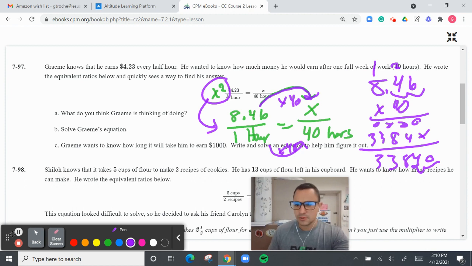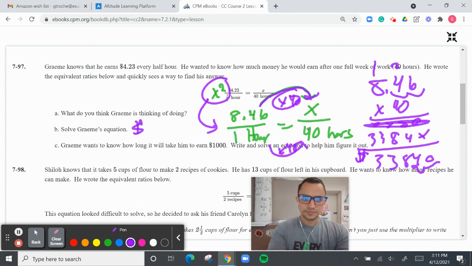What is happening here? No, that does make sense. I multiplied 846 times 40, and that's all zeros. Okay, so that's going to be $338.40 per week, which is 40 hours.